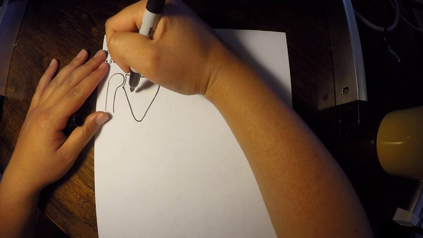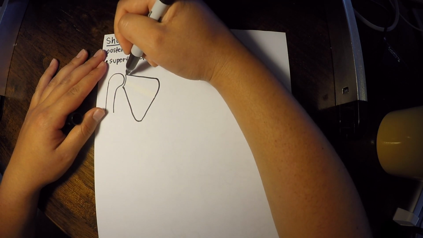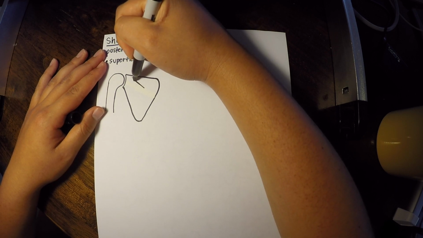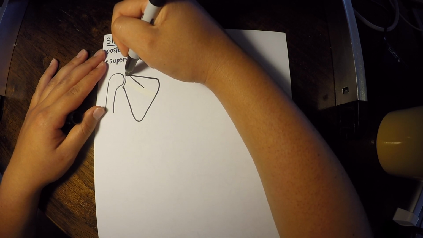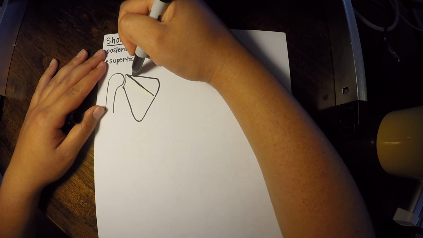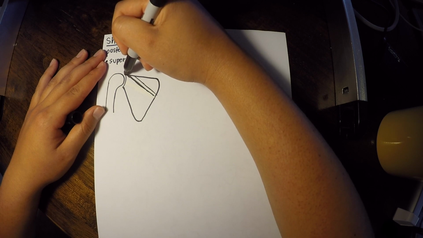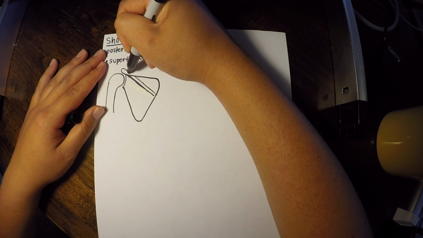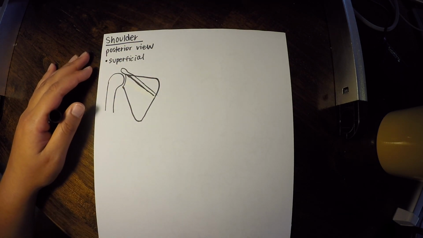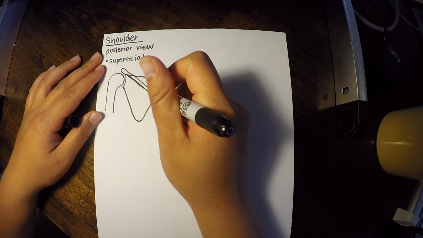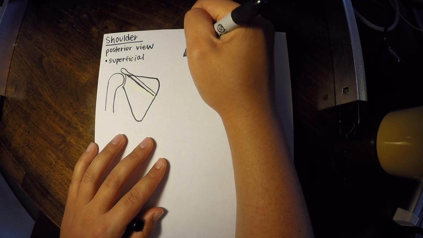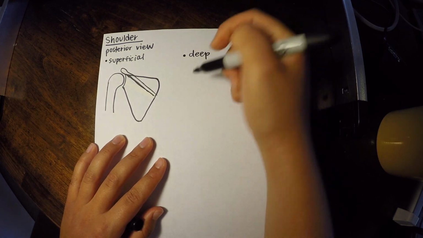All right, so we're going to draw in the spine of the scapula as well, which will be right about here. And then remember, we're going to have our little acromion coming off to the side there, and you can't really see a whole ton of it, but that's just because of this posterior view we're in. All right, so we have the basics of that, and then we're actually just going to redraw that for a deep posterior view.